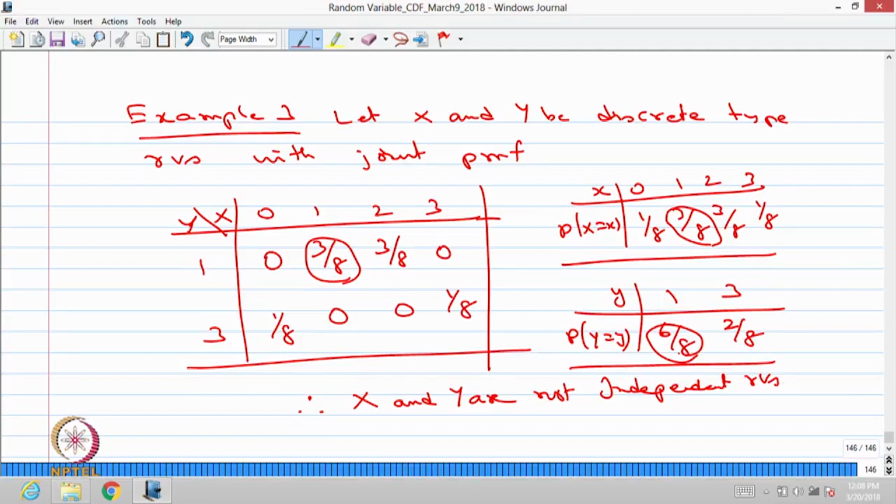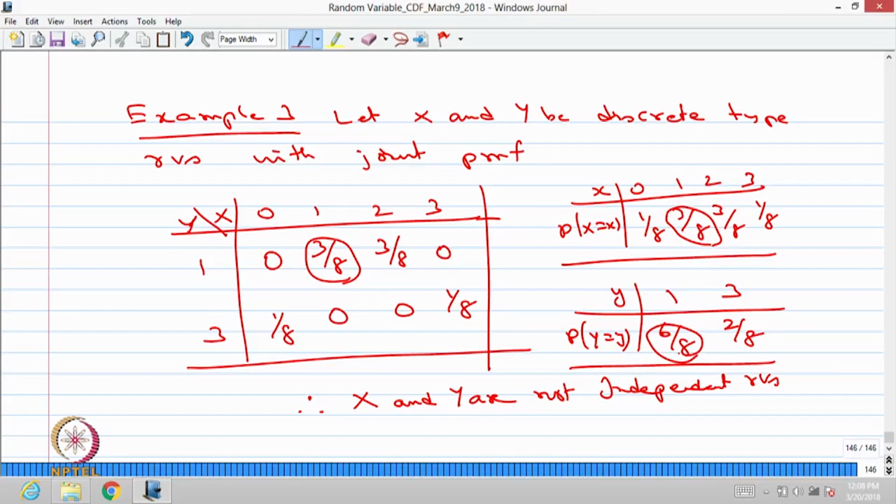This is also sort of obvious because the random variable y is defined as the absolute difference between the number of heads and the number of tails, whereas the random variable x is defined as the number of heads.